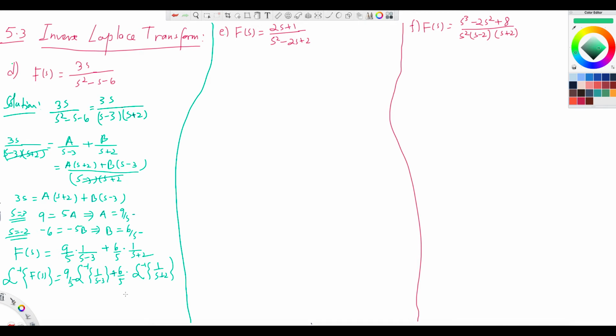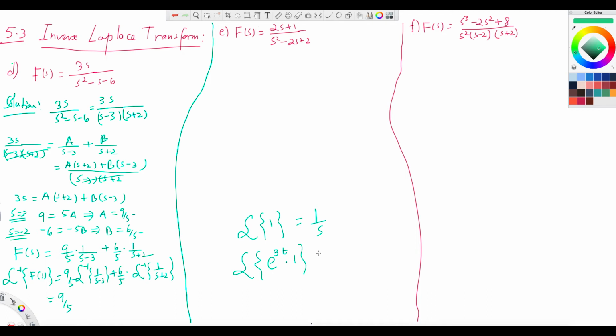So what you can do here is 9 over 5. You see that the Laplace transform of 1 is 1 over s, but what will be the Laplace transform of e to the 3t times 1? I'm multiplying this by e to the 3t.